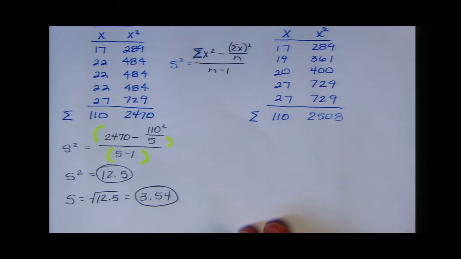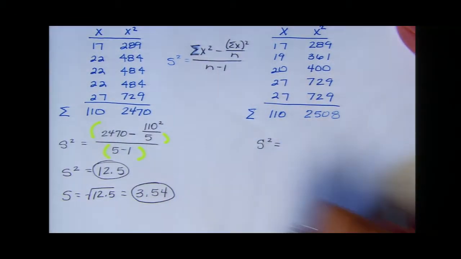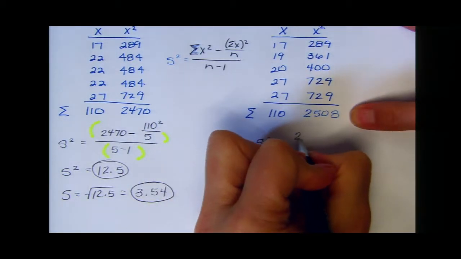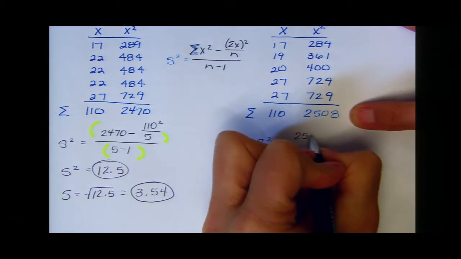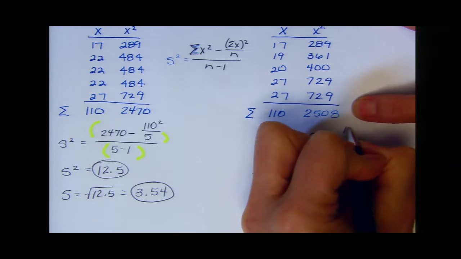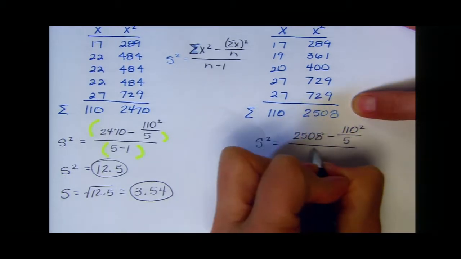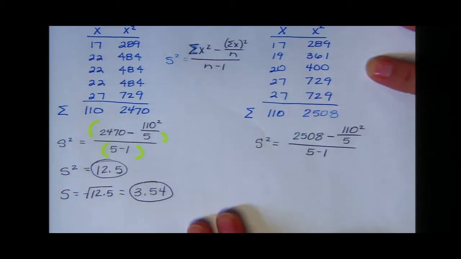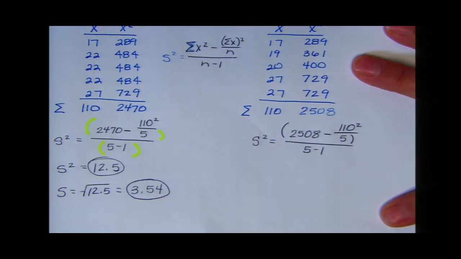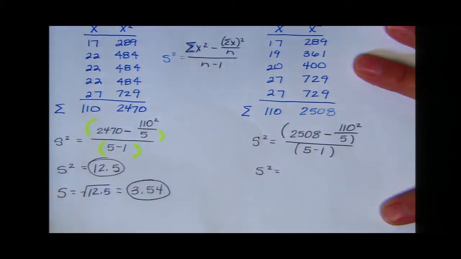So now let's do that with our supplier 2. So s squared, my sample variance, is the summation of x squared, 2,508, minus the summation of x, 110 to the second power, divided by 5, divided by 5 minus 1. And again, my parentheses go when I start the numerator and when I end it, and then it's also enclosed in my denominator.